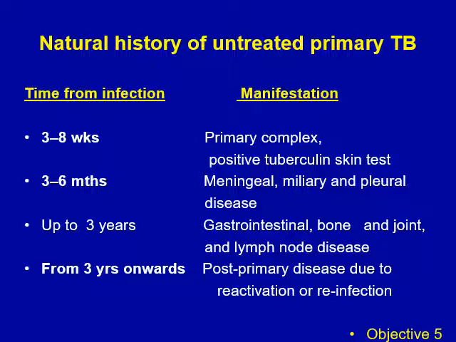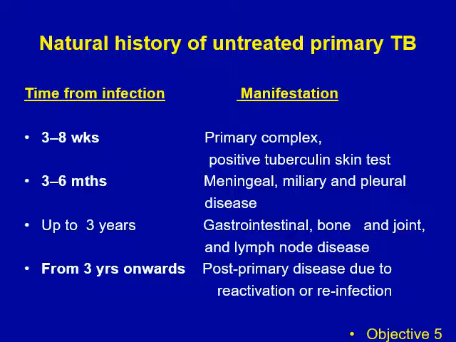At 3 to 6 months, the bacilli may pass to the blood vessel and may lead to miliary TB or meningitis, or may pass to the pleura causing pleural disease.